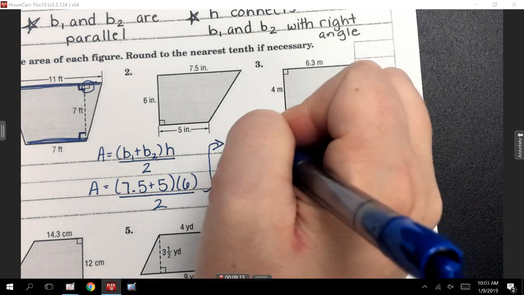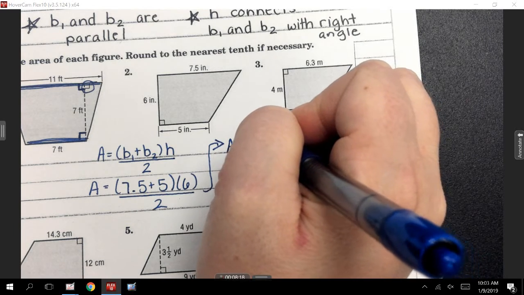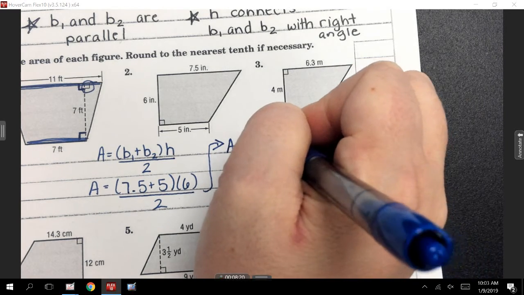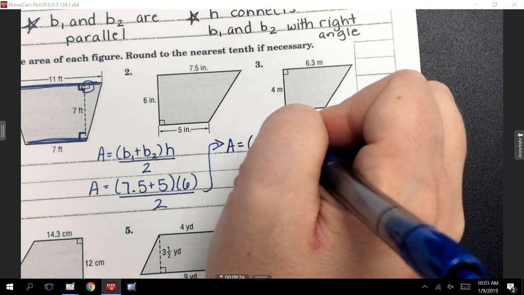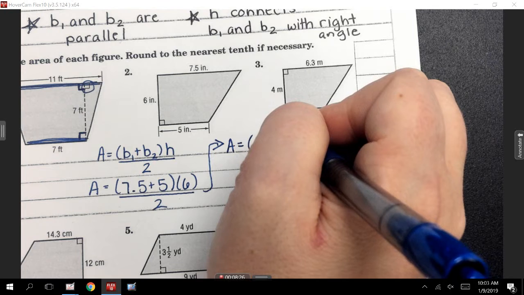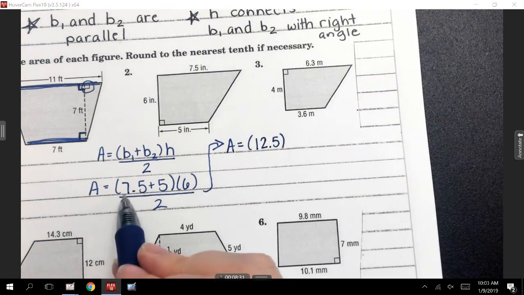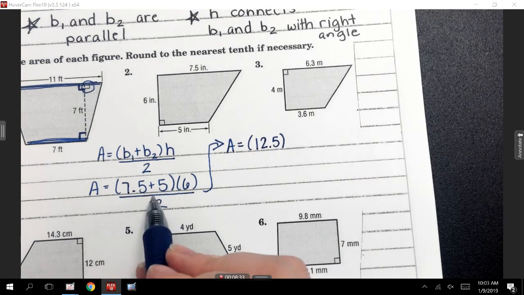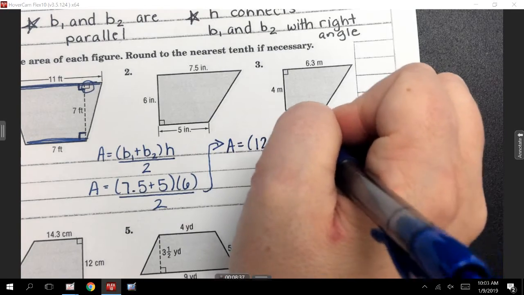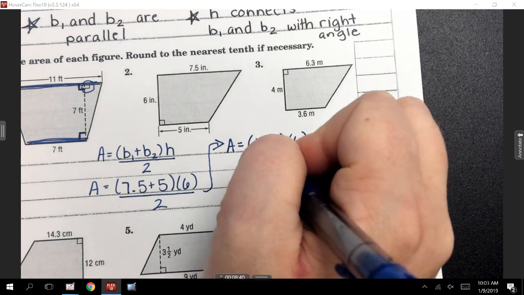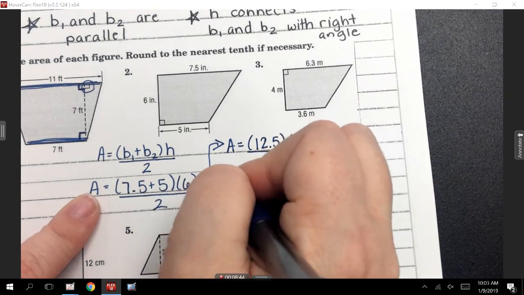And what do we get there? 12.5, because my 7 and 5 are whole numbers. 7 plus 5 is 12, and then we keep that 0.5 there. So I get 12.5 times 6 divided by 2. And all we did was that addition. Now I'm ready to type that into my calculator.